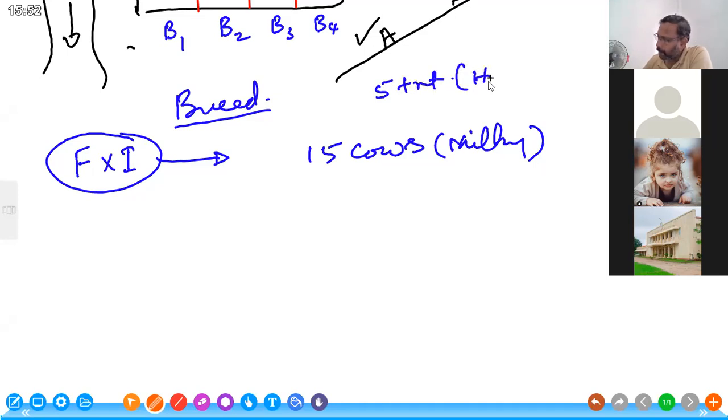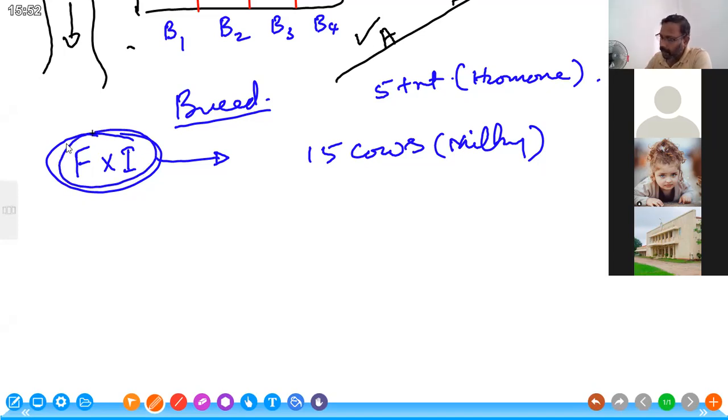These are hormonal treatments to induce milk yield. We don't have that many cows, so anyhow I have obtained 15 milking cows. At present they are milking cows of these 2 breeds.